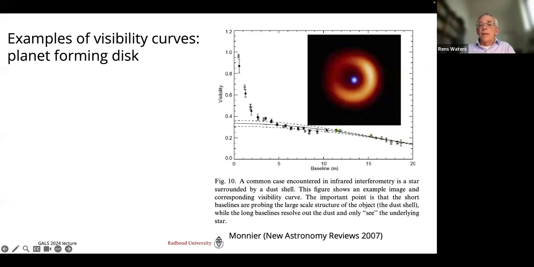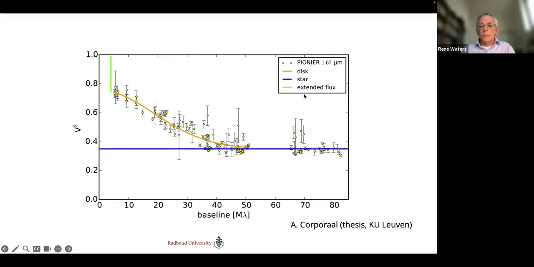And this plateau that we reach here is completely governed by the amount of flux of the central star, because if you go to longer baselines, you begin to resolve out the spatial emissions from the disk itself, and you're only left with the visibility signal of the unresolved central star.